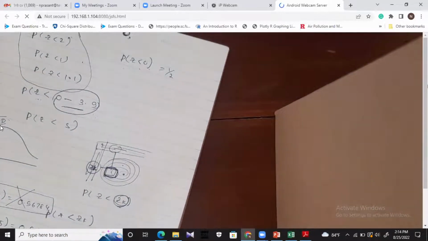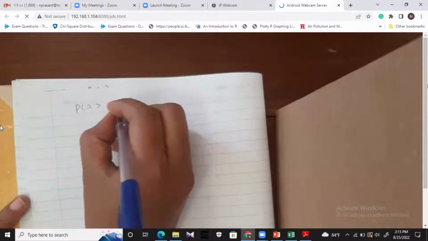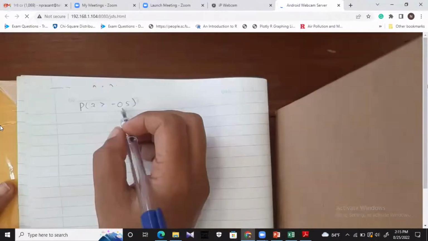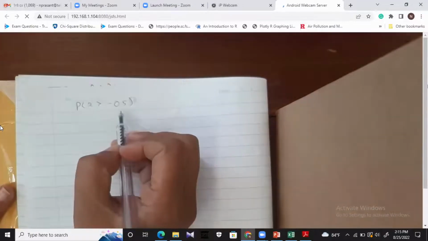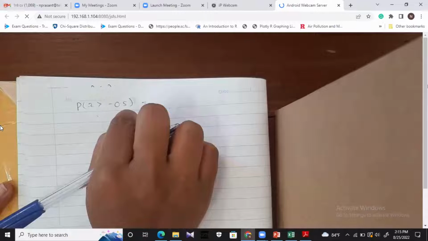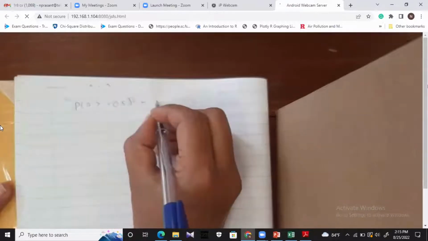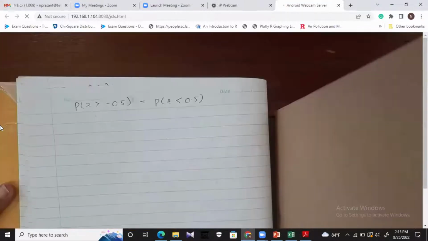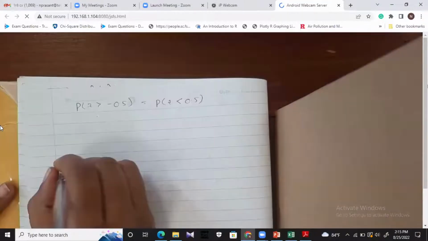We wanted to find the probability Z greater than minus 0.5. Negative values cannot be read from the table. Table has only positive values of Z. Therefore, we write this inequality of the probability as P of Z less than 0.5. Is that correct? Of course it is correct.